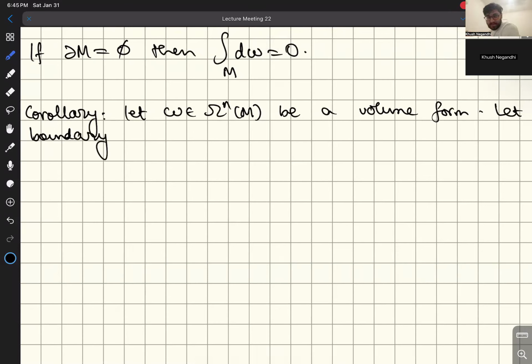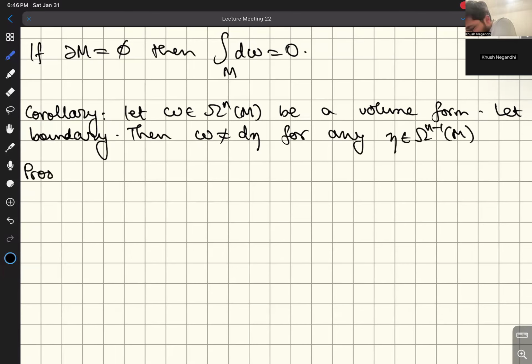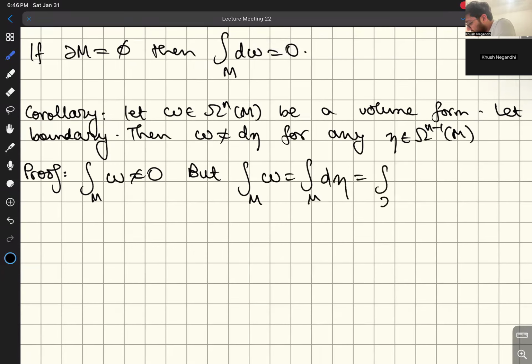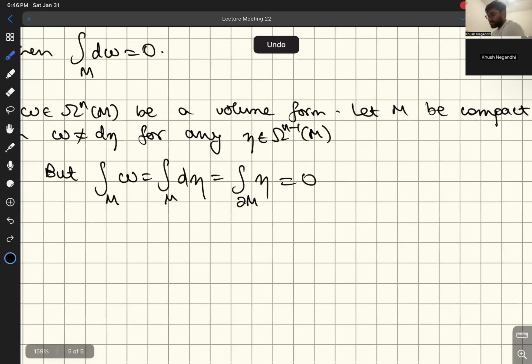Then omega is not equal to d eta, i.e. omega is not exact for any eta. And the proof goes very simply because we know that the integral over M of omega must be non-zero, but the integral over M of omega is equal to the integral over M of d eta, which is equal to the integral over the boundary, right? But the boundary is empty, so this is 0, which is a contradiction.